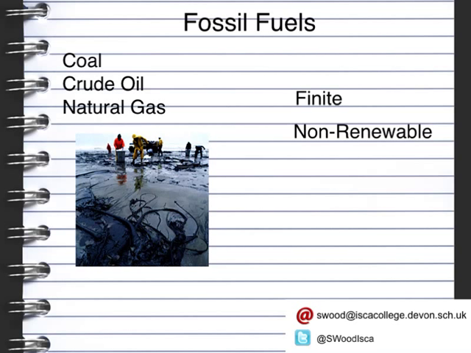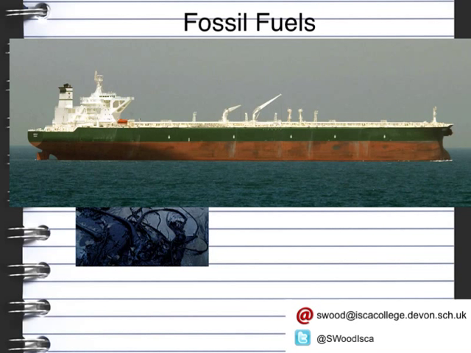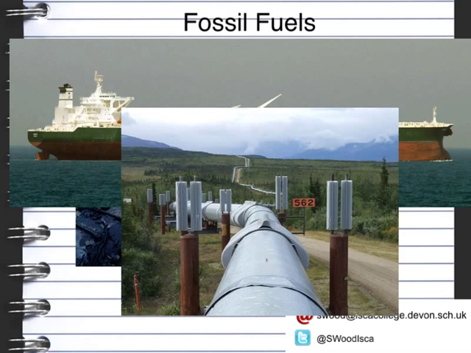Now when we extract this, we need to transport it, and there are two ways we can do this. The first, that you're probably familiar with, is via an oil tanker such as this one. So there will be stored in here lots and lots of crude oil. The other one is via oil pipeline, and you can see here that this pipe is travelling for miles and miles and miles, and it is transporting the oil.